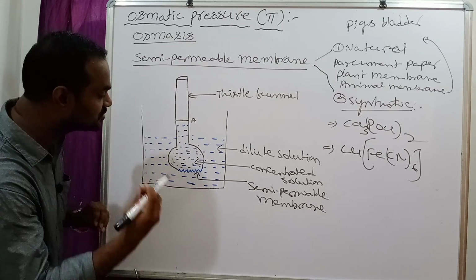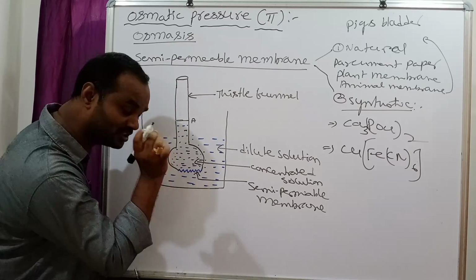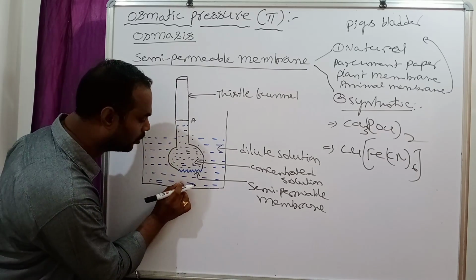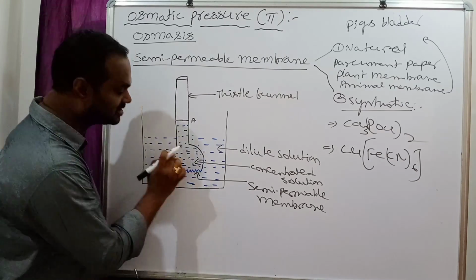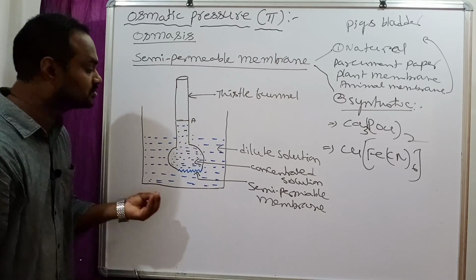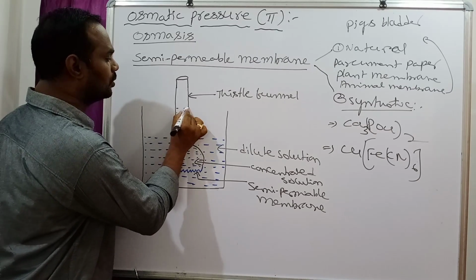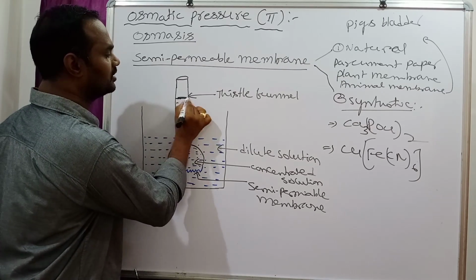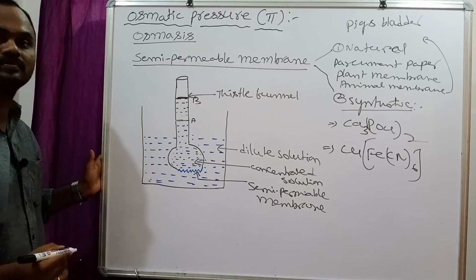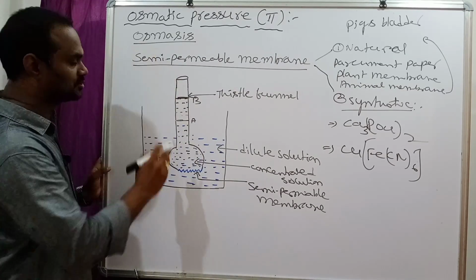Due to osmosis, slowly only smaller solvent molecules move into the thistle funnel, because the inside concentration is more. That's why, due to entering here, the solution level slowly goes on increasing.